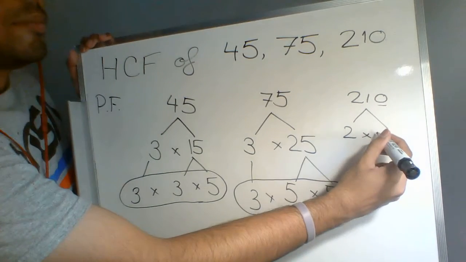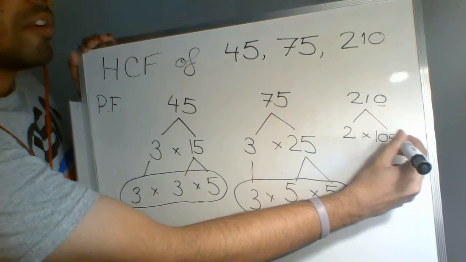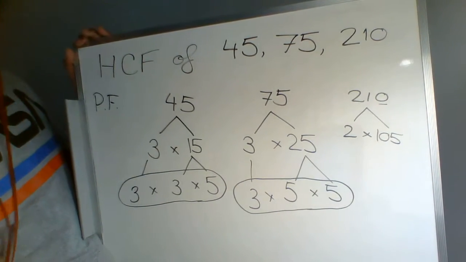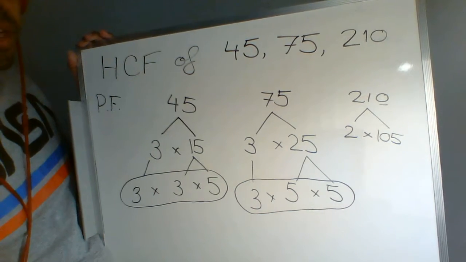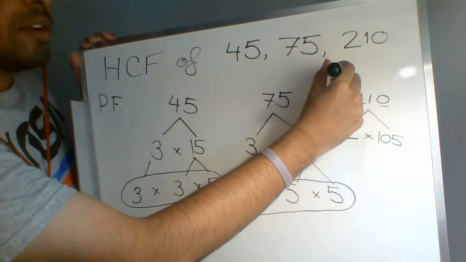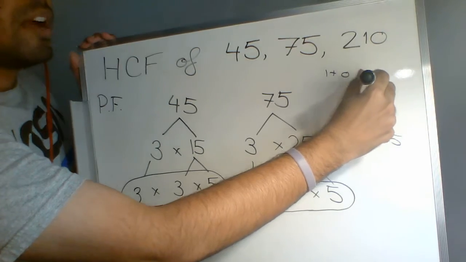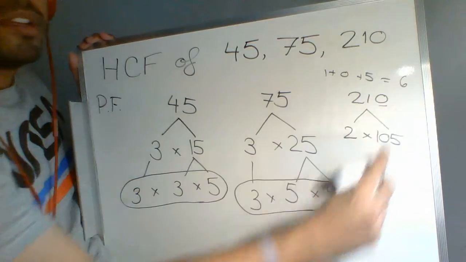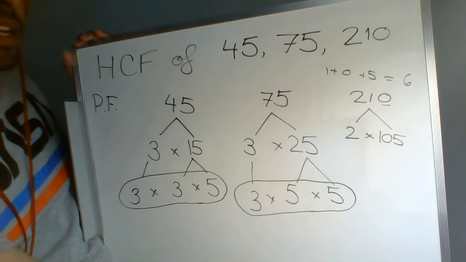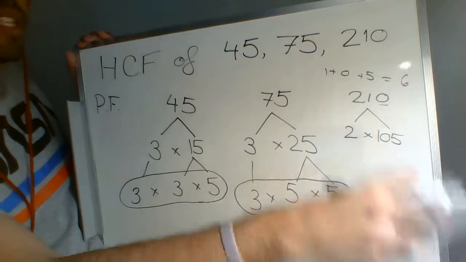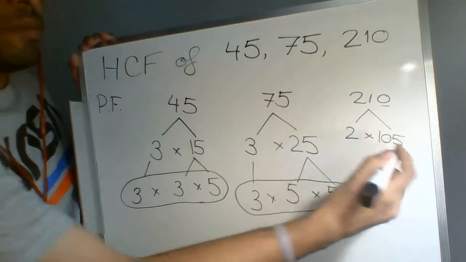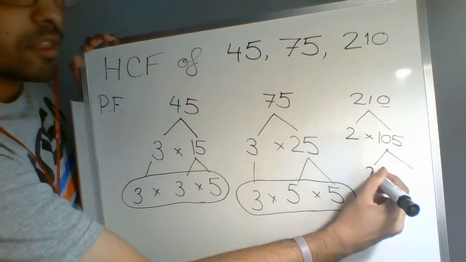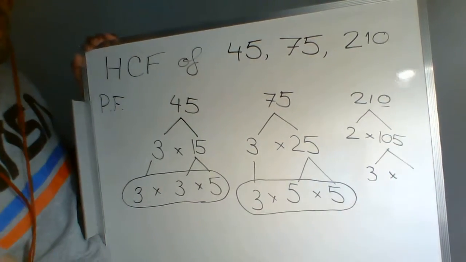And we get that that's going to be 105, right there. Now, 105 is not prime, and it's not divisible by 2, but if you add the digits, you get 1 plus 0 plus 5 is equal to 6. And 6 is divisible by 3, which means that 105 is also divisible by 3. So we can break this down, and we get 3 times something.